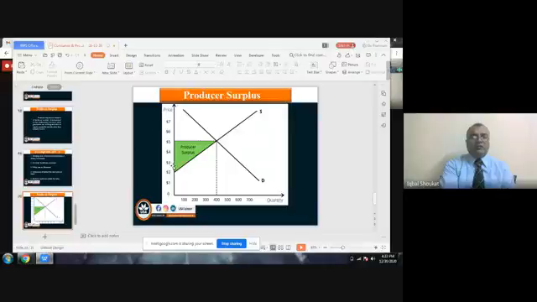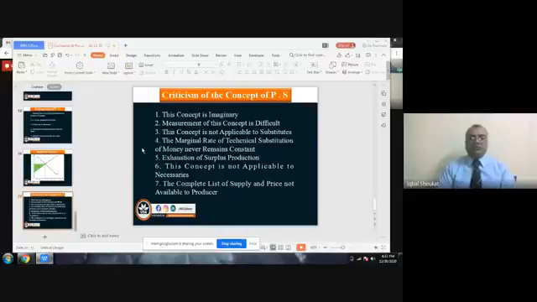There are $3 he is receiving extra for the same product due to the equilibrium in the market or equilibrium forces. So the difference between the price a producer is willing to charge and what he actually receives, that is known as the producer surplus.